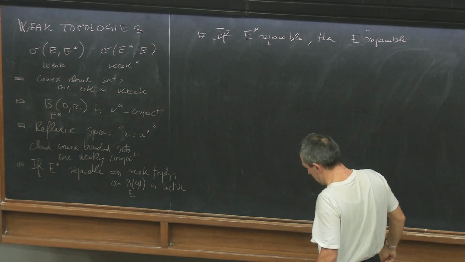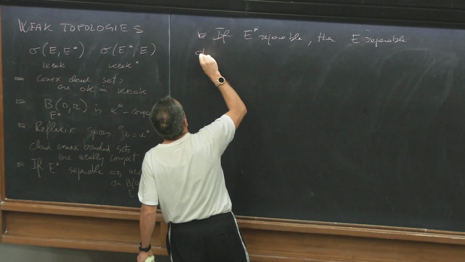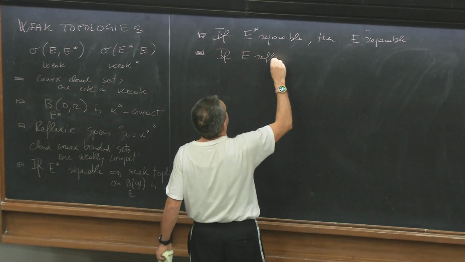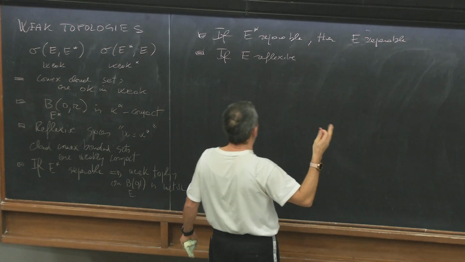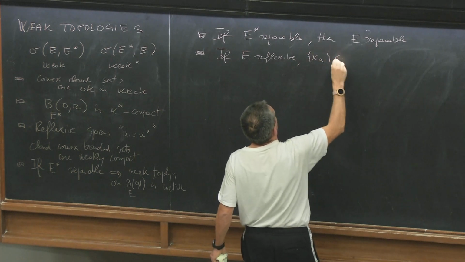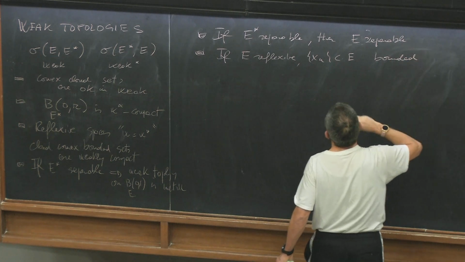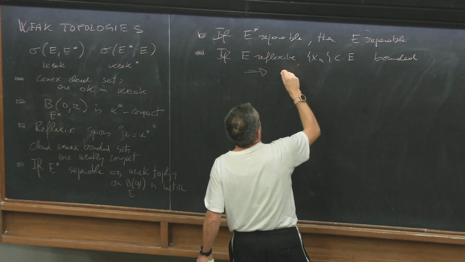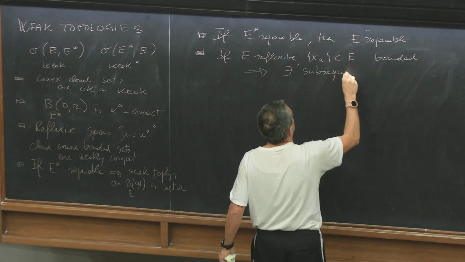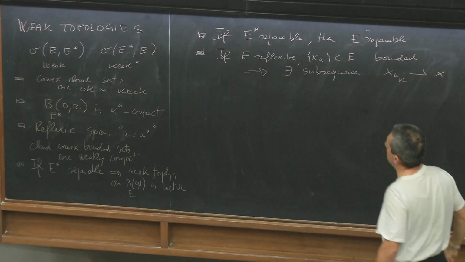And the other thing is that, no matter the separability, if E is reflexive and xn is contained in E and bounded, then there exists a subsequence weakly converging to something.